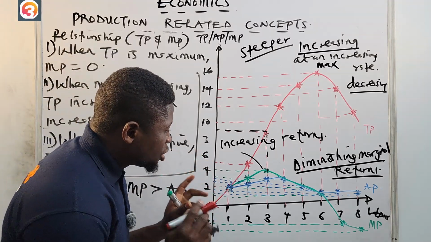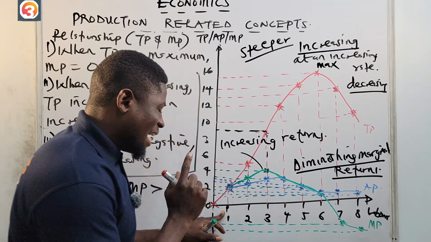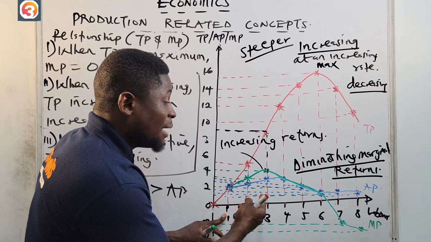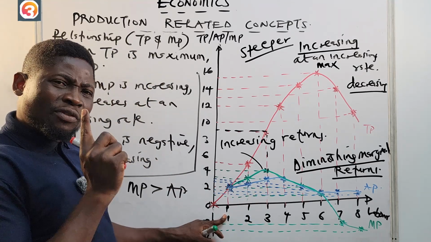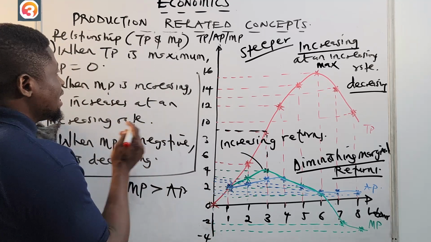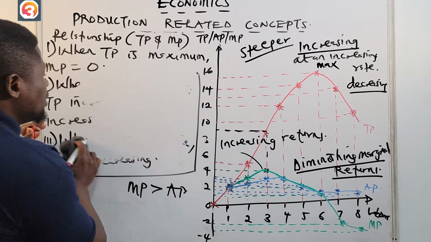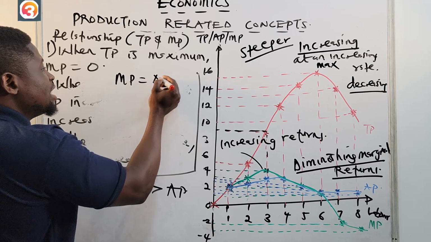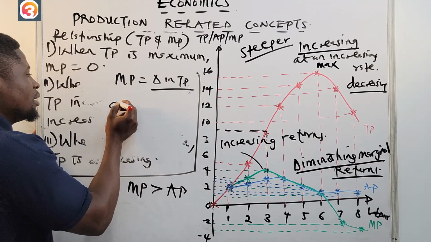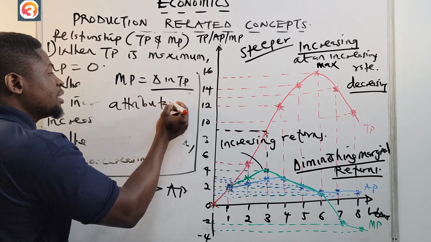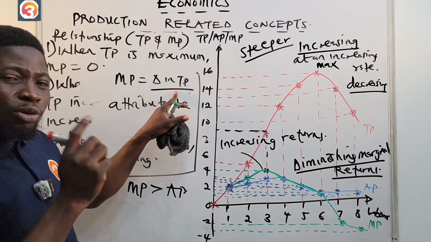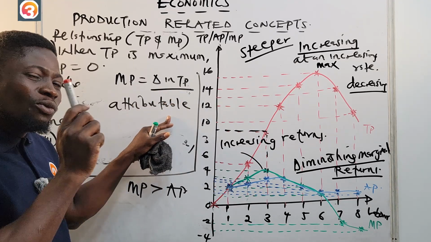That's right. For example, as you can see, between 1 and 4 workers, as long as MP is greater than AP, AP will be increasing. What could be the reason for this? We have said that MP is the change in TP attributable to the last worker hired.